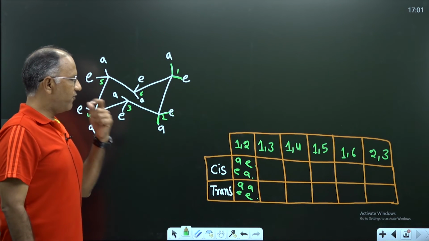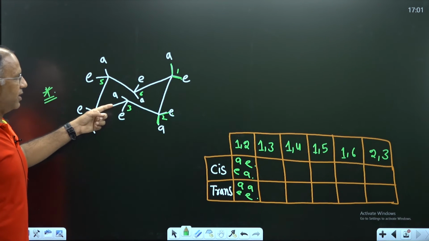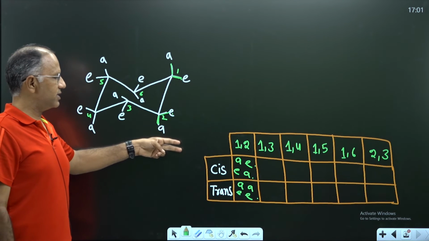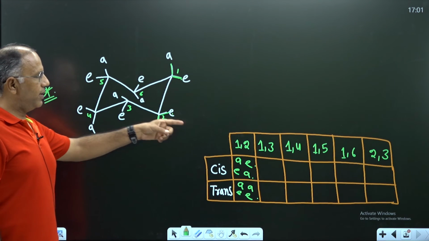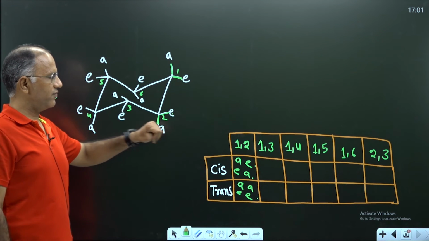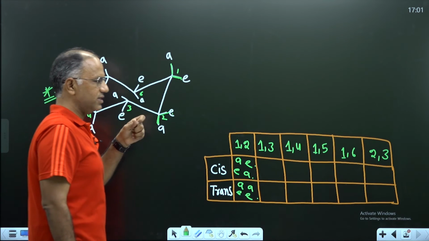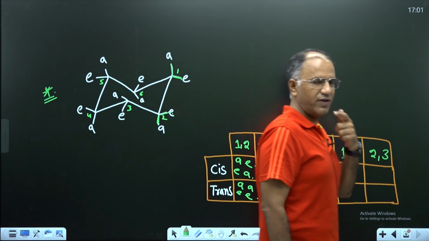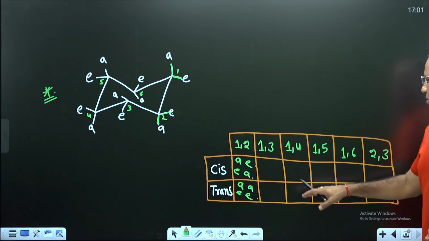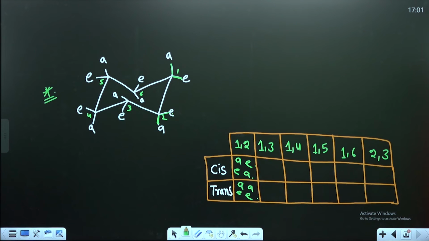Now similarly you have to form 4 pairs across 1 and 3rd carbon and determine which pairs are cis and which pairs are trans. And similarly you have to determine 4 pairs across 1 and 4 and which pairs represent cis and trans. In that way you have to fill this table. Pause the video and try your answer.